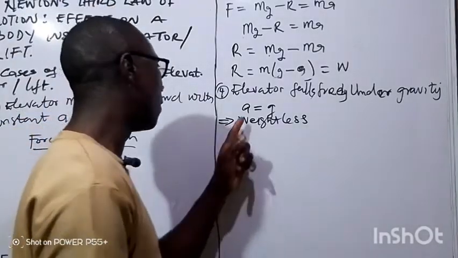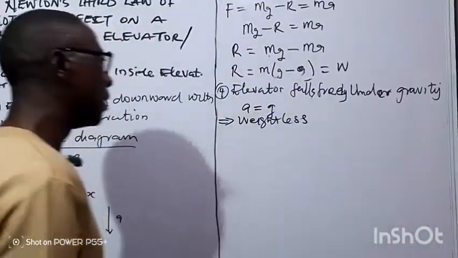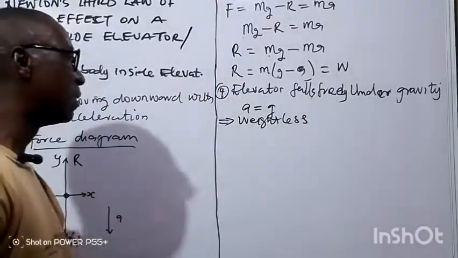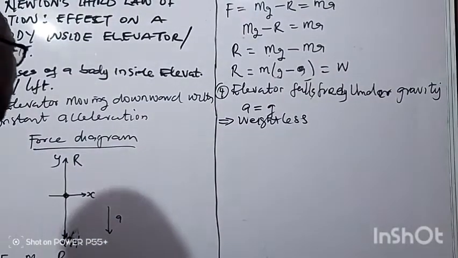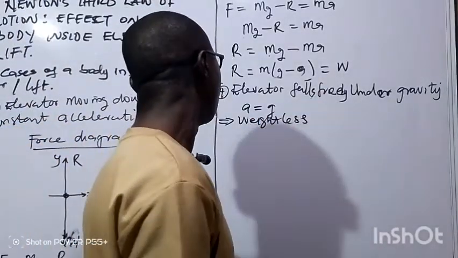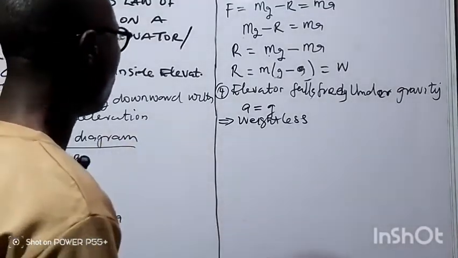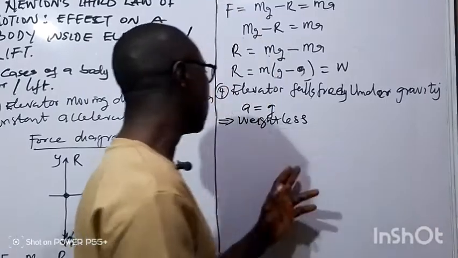Therefore, the A, which is the acceleration, will be equal to acceleration due to gravity G. To back all this up with the simple equation and formula we derived under these 4 cases, let's move to 1 or 2 calculations under it before we close for today.